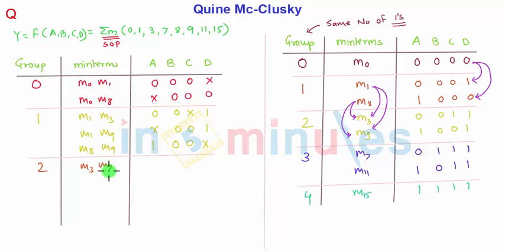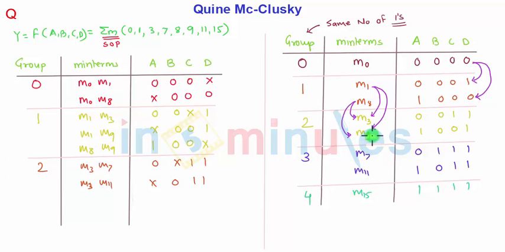M3 M7 is 0 don't care 1 1. Then M3 compared with M11, what I have is don't care 0 1 1. Next M9 with M7, you don't have a match because the A bit is different, the B bit is different, the C bit is different. So once again we cannot take it and we need to leave it out.